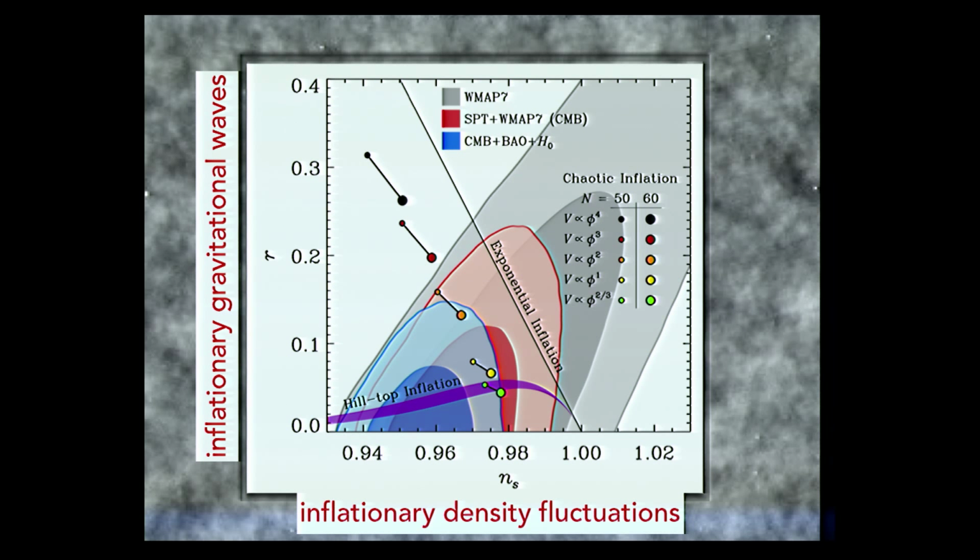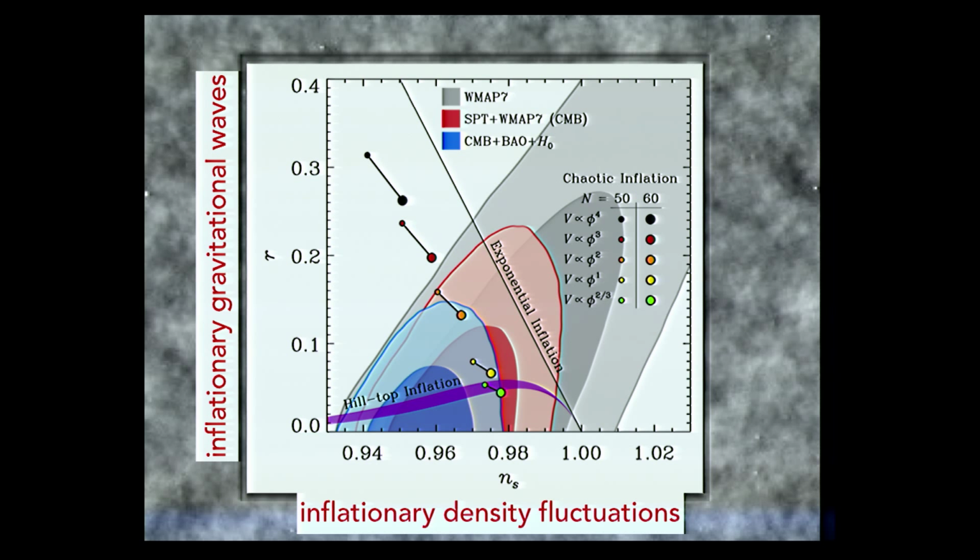So if you look on the constraints, and there's various combinations of WMAP data, which is all sky and low L, SPT data, and then also combining the CMB with other measurements of cosmology, what you see, especially if you look at the blue curves, is that we rule out NS of 1, which is really consistent with inflation, right?